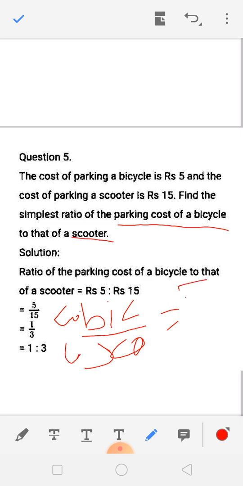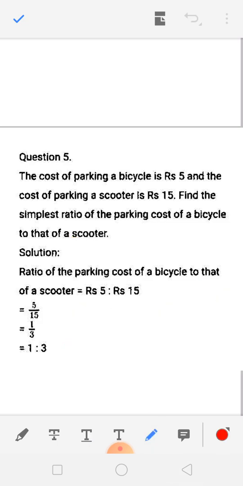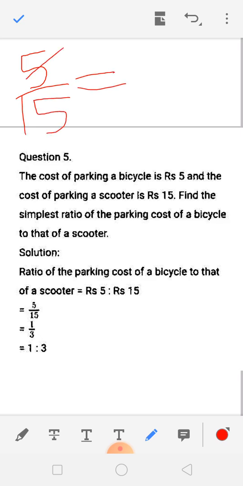Cost of bicycle is 5, cost of scooter is 15. I can solve this 5 by 15 with the fifth table. 1 5 is 5, 3 5s are 15. So 1 by 3 is the answer. I can write 1:3, 1 ratio 3.